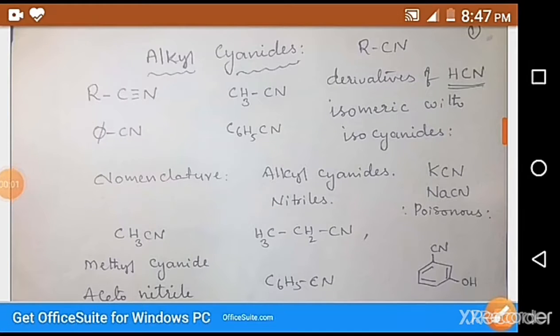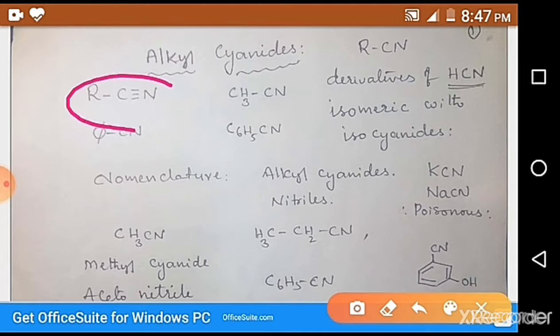Alkyl cyanides are the compounds which contain cyanide as a functional group, CN. This is a CN, C triple bond N. The compounds with CN functional group are called cyanides.